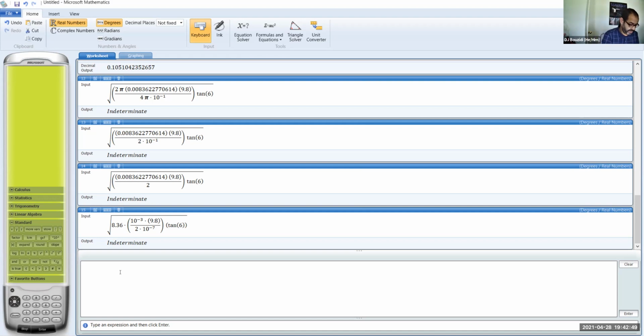Okay, how about square root of 9 times 8. That's, or 10 times 8, that's 80. 80 divided by 2, that is 40. So square root of tangent of 6 degrees.